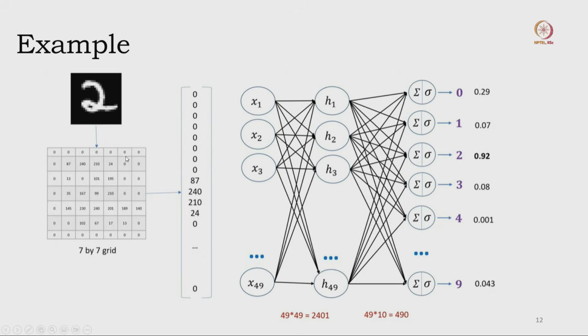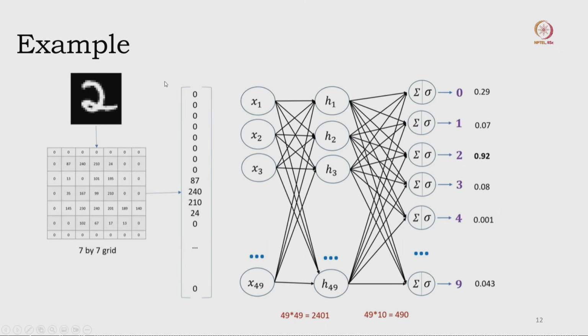All of this is 0, because black is represented as 0. There is some information present here, so you can see some values. This is an image for our human eye, but for a system it is represented as a matrix of pixel values.